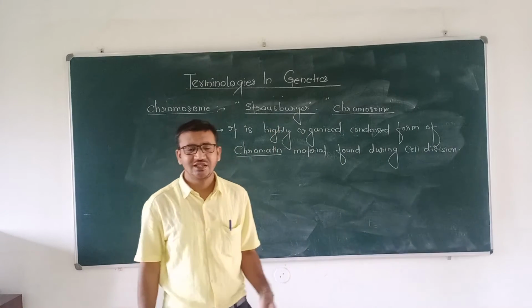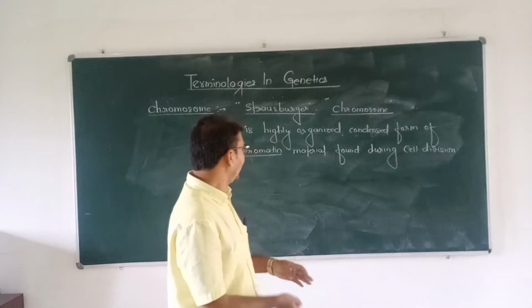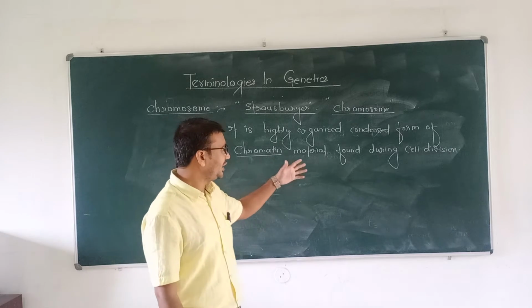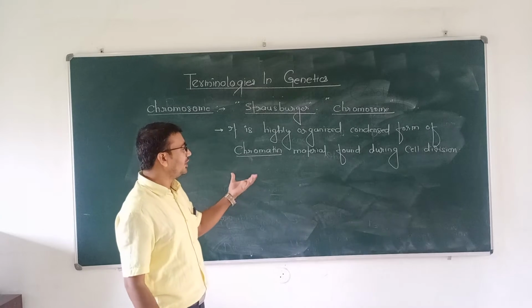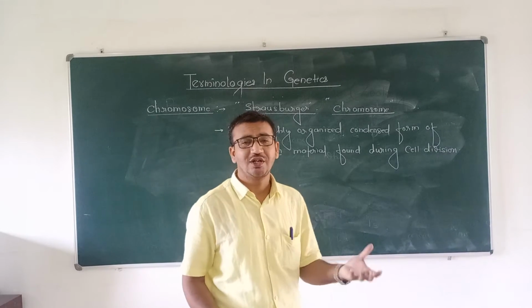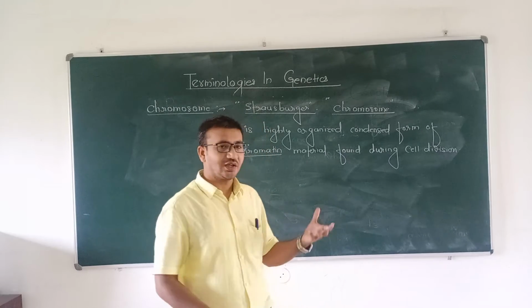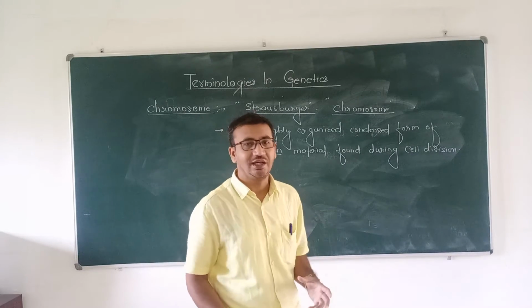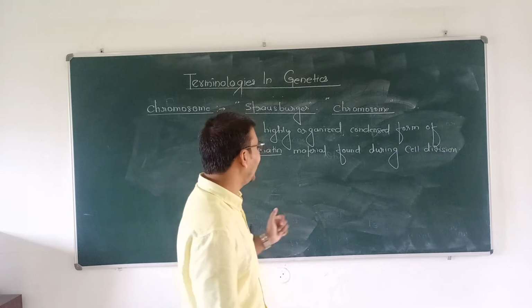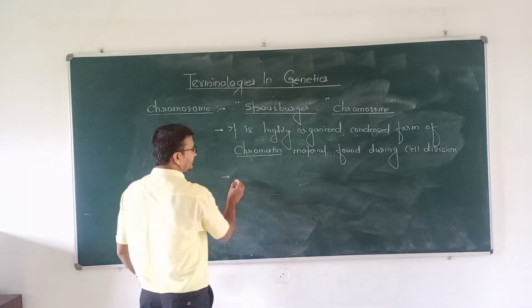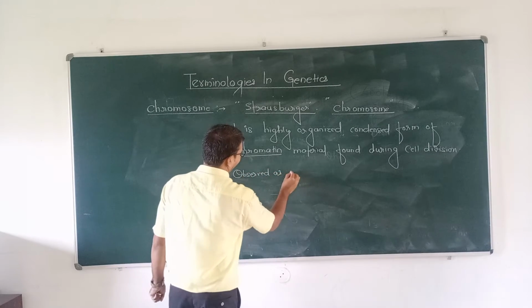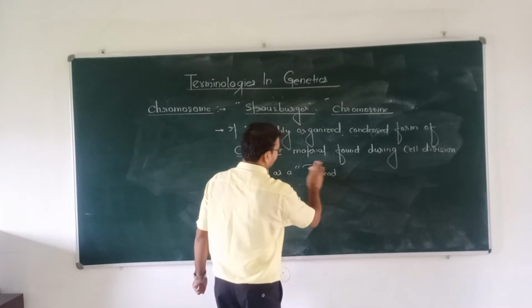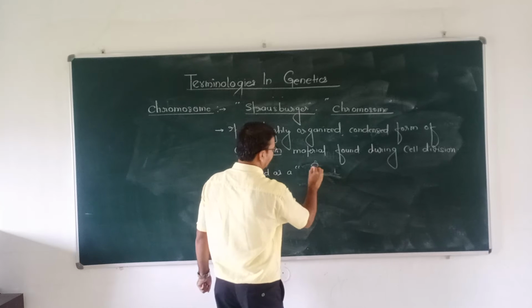This is the physical structure that we observe in the nucleus only during cell division. It is highly condensed, and we can observe it as a rod shape. This rod-shaped structure found in the nucleus, which can be stained, is called a chromosome.